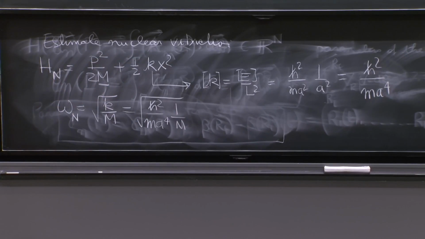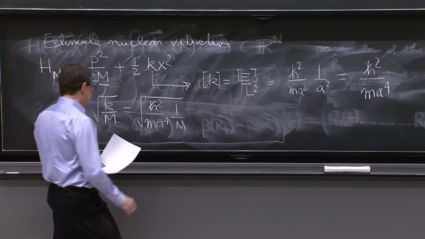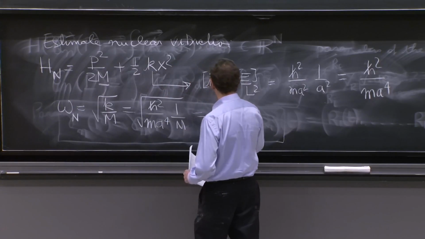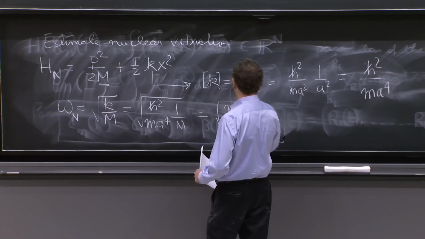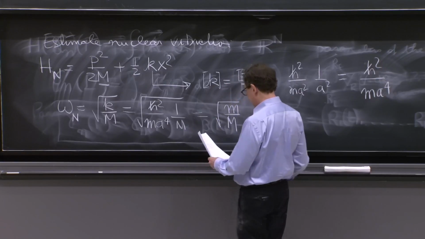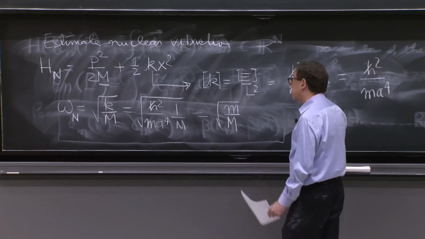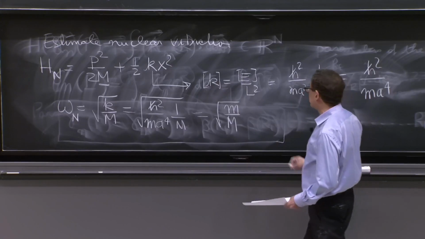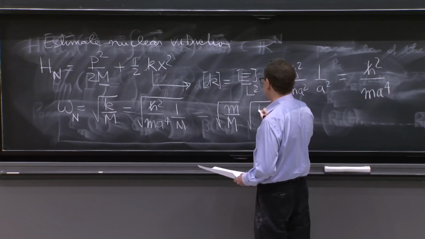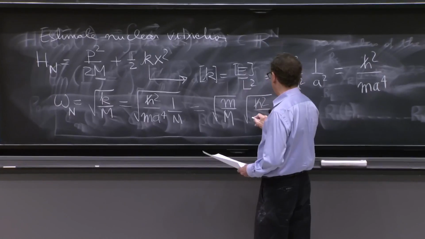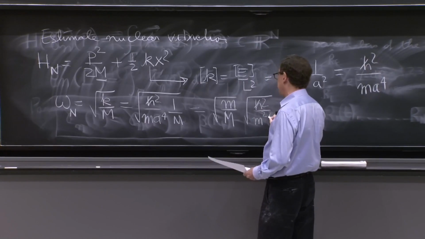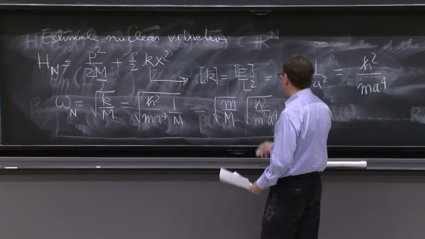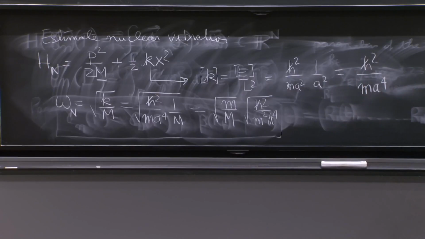That was K. And this is square root of little m over capital M times square root of h bar squared over m squared a to the 4th. I borrowed a little m up and a little m down.